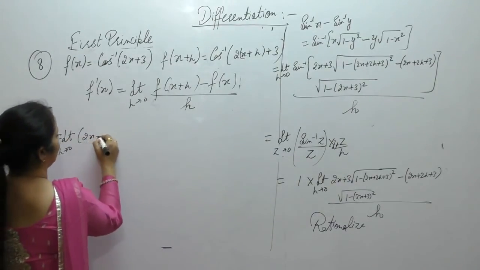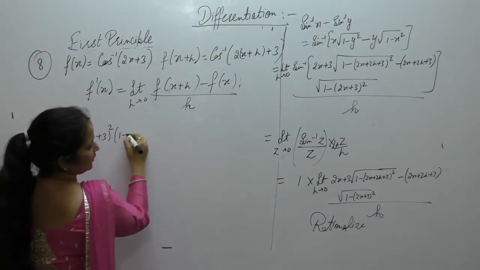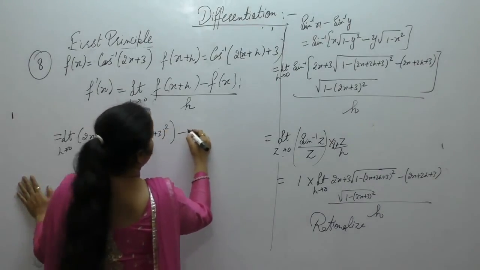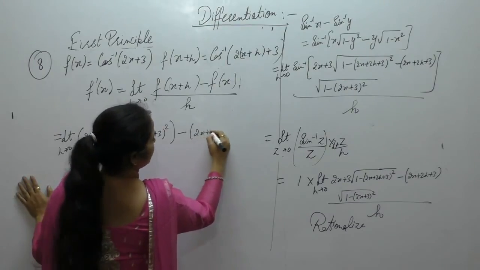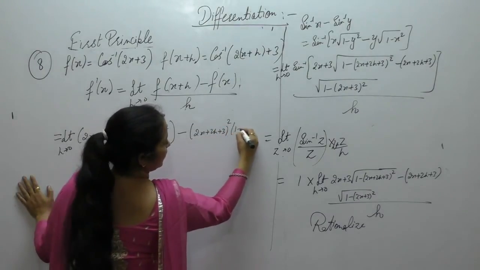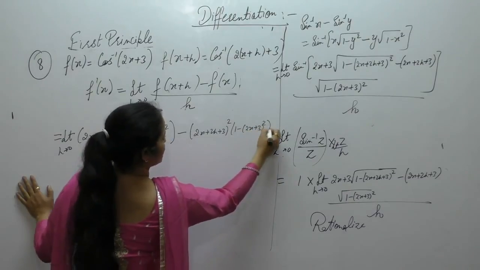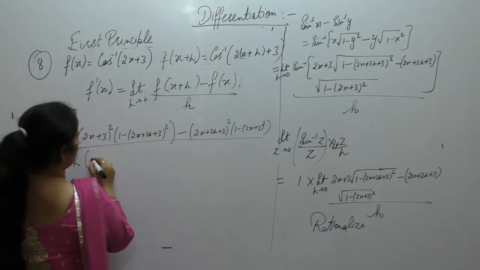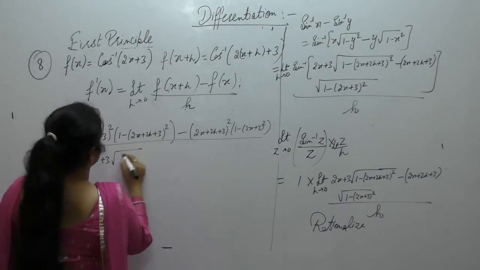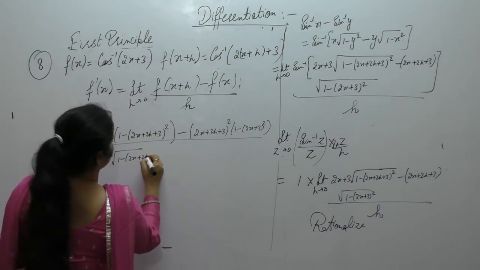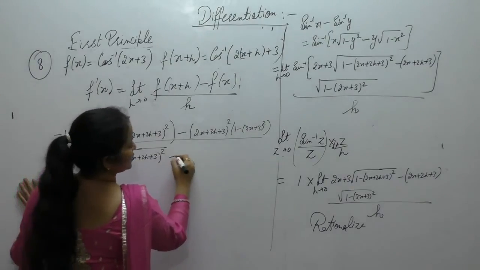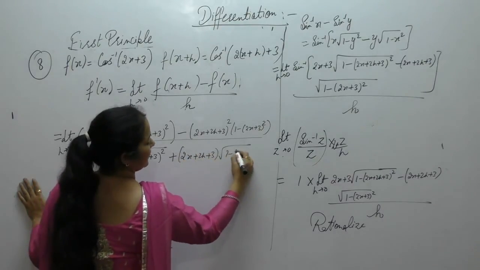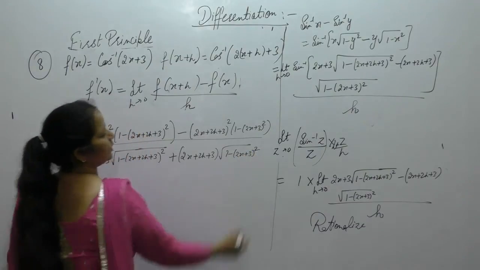So here we get in the numerator, the square of this is 1 minus (2x plus 2h plus 3) square minus, a square minus b square, 1 minus (2x plus 3) whole square, upon h into this term with opposite sign, plus.